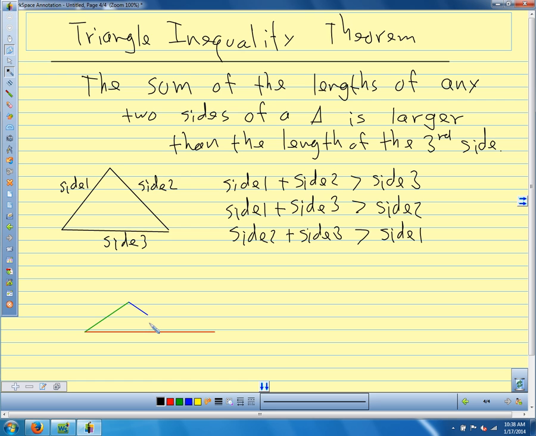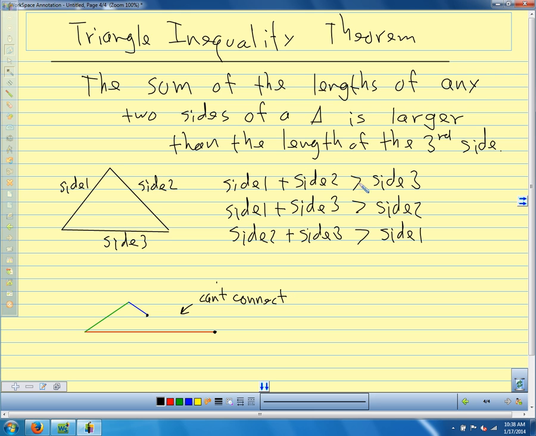They're too short to connect down here. I can't connect those points. They're not long enough. That's what the triangle inequality is saying. If those two sides are too short, I can't make them connect to the other side.